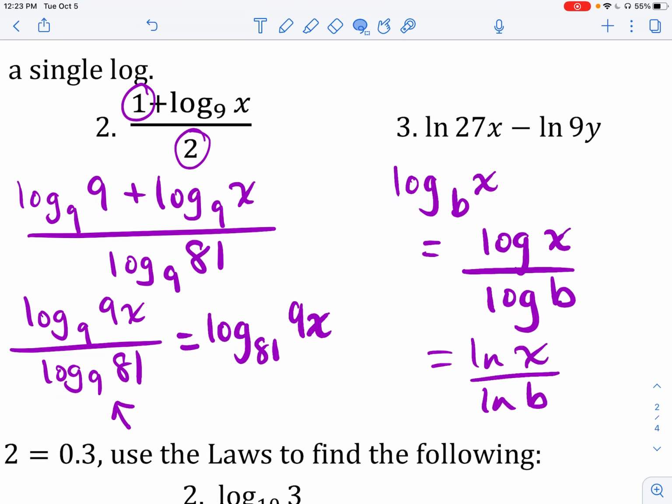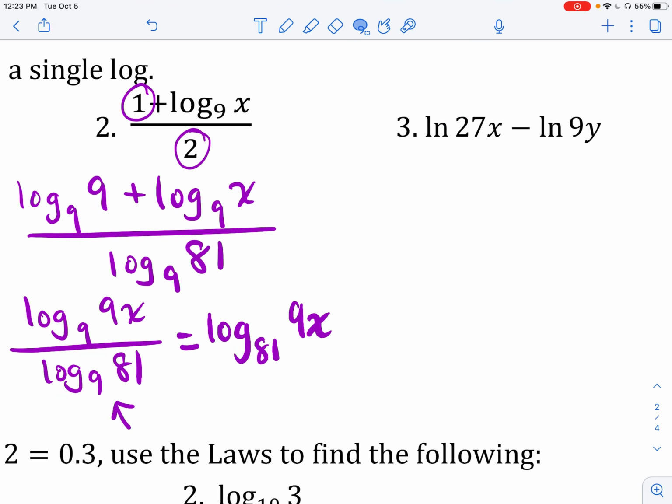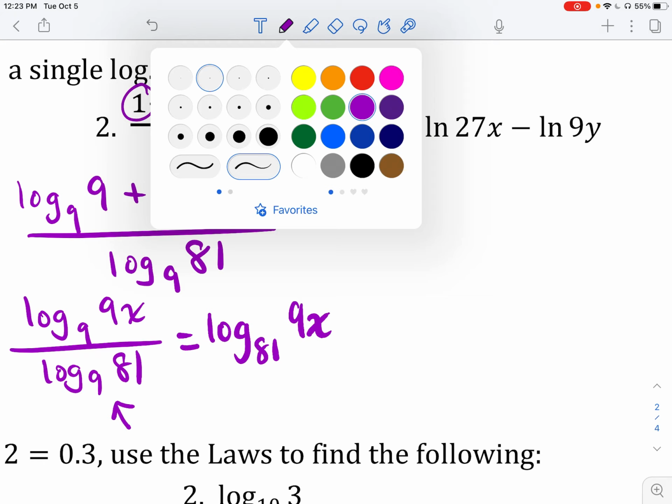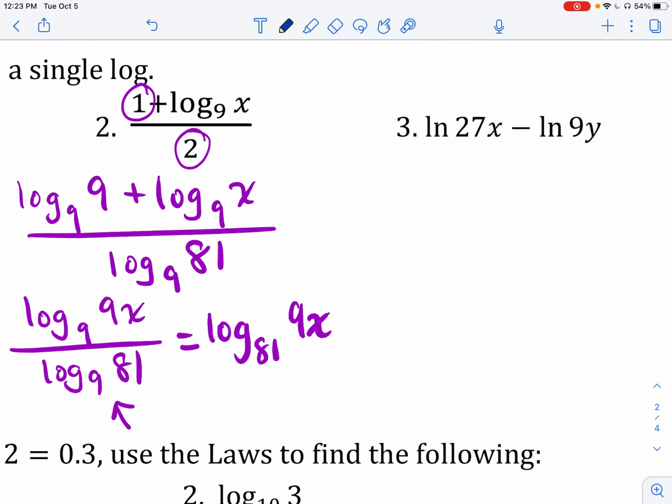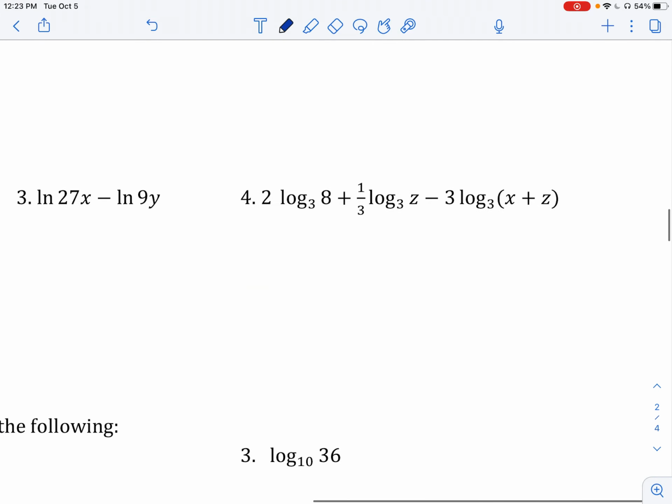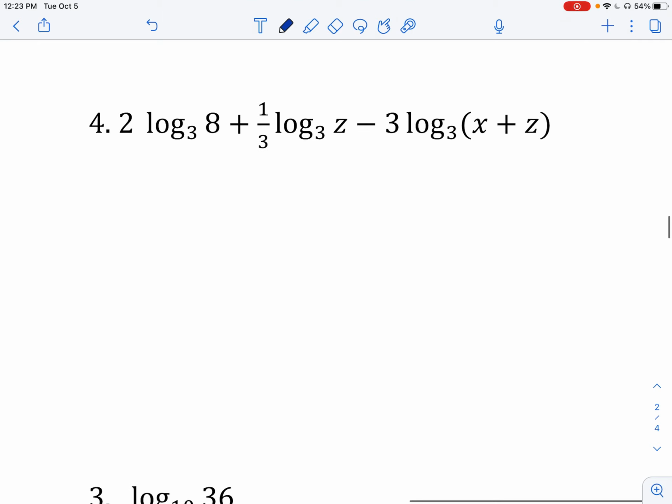I'm going to go ahead and just try one more problem just to really finish this off, just to make sure that we're solid with this stuff, and you can try to work on the rest of this on your own. We could try something like this one here. Let's go ahead and condense this one. So I'm going to say this is log base 3 of 8 squared.